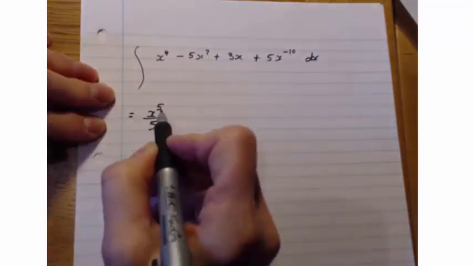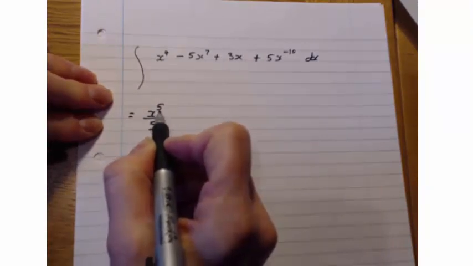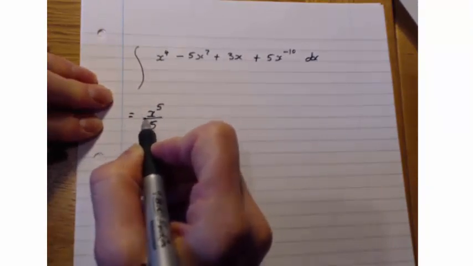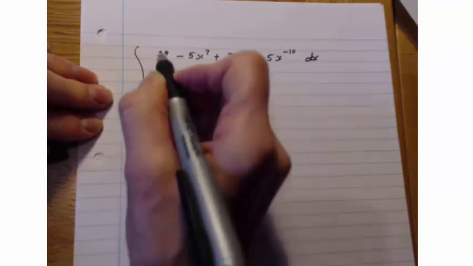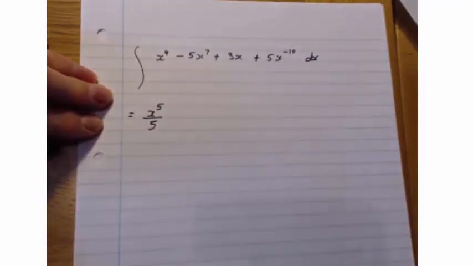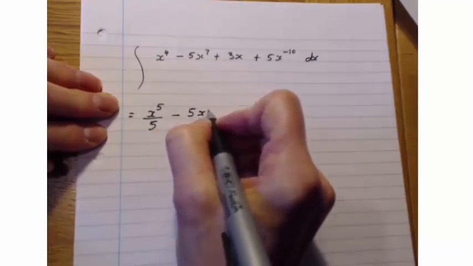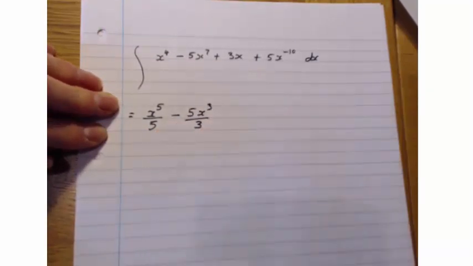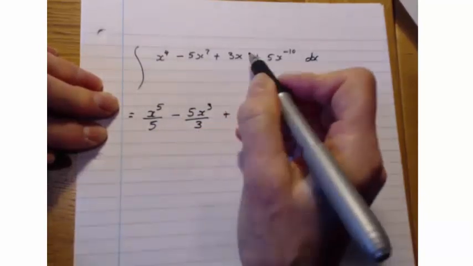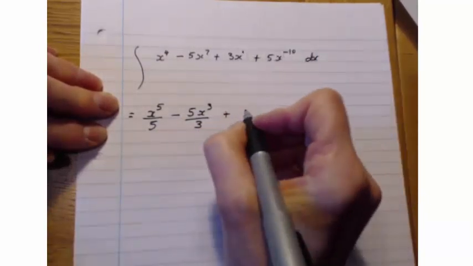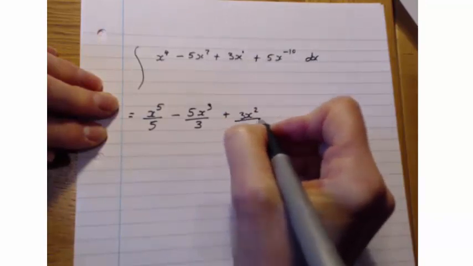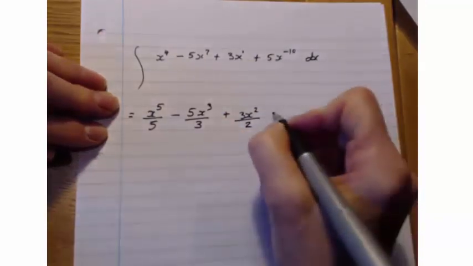That means if we now differentiate this, we'll multiply by 5, that will cancel out with this, that will drop to 4, and we'll get back to where we started from. So in order to undo differentiation, we raise the power by 1 and divide by it. This has got an invisible 1, so we're going to raise the power by 1 and divide by it.